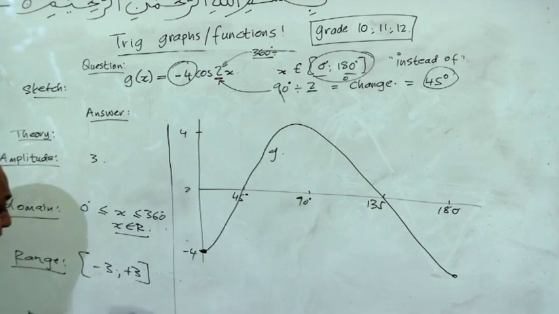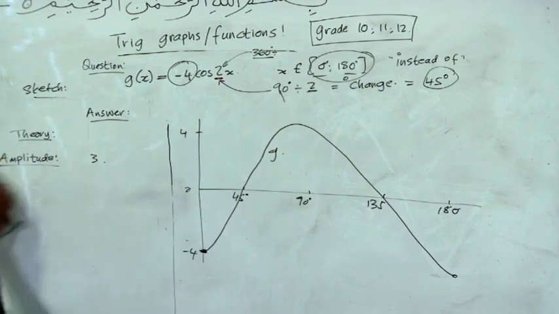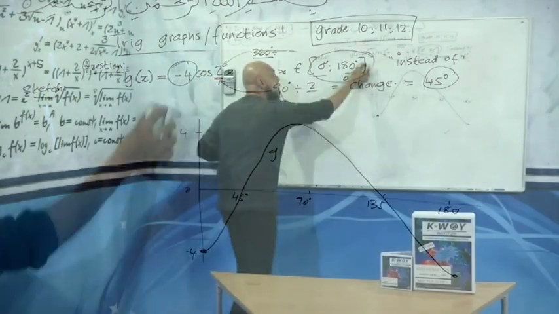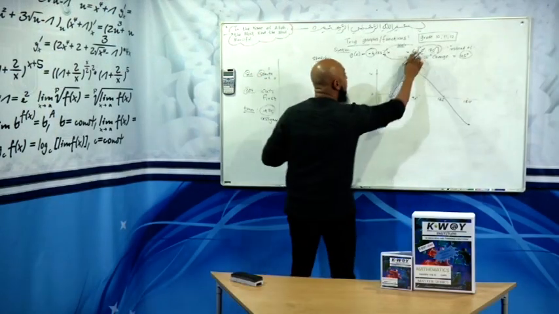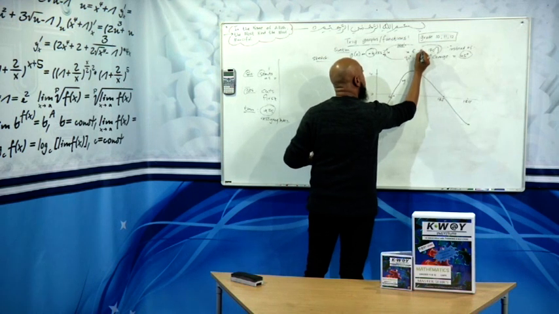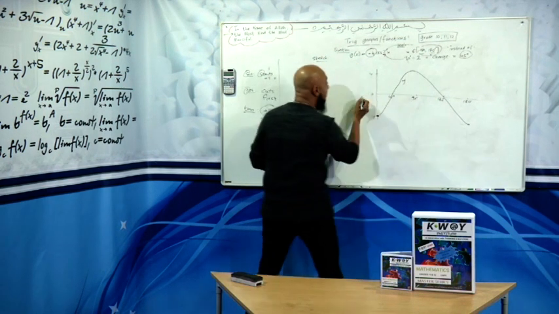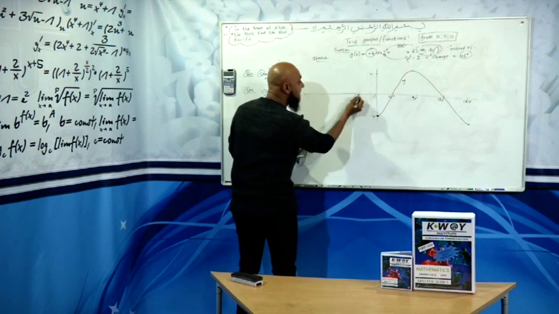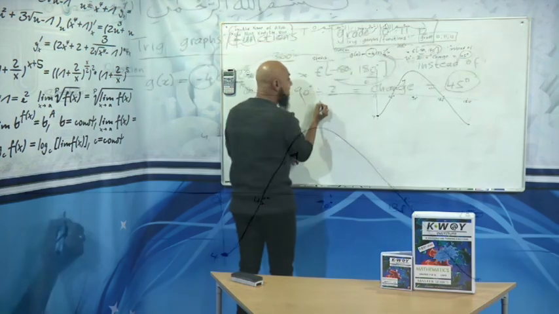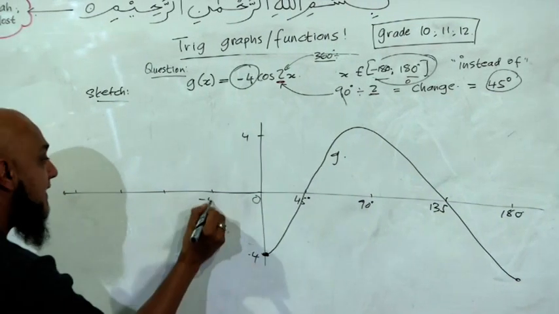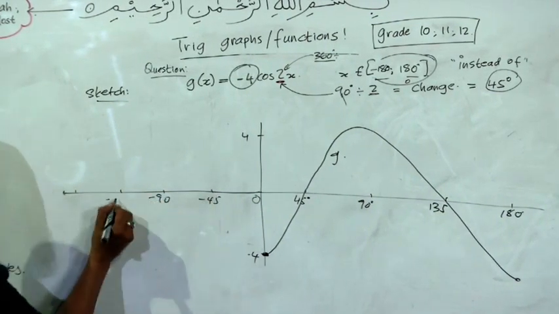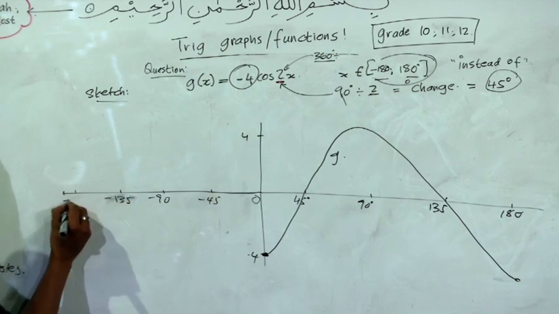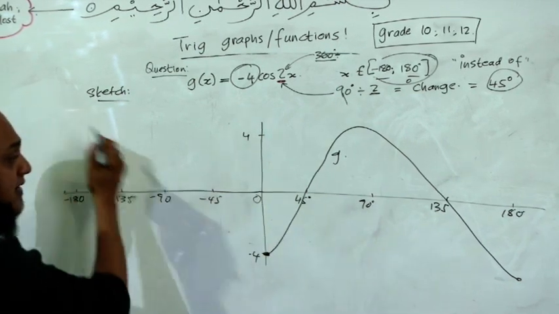Just to wrap this up before the break, if they told you that this had to go from minus 180 to positive 180, all you do, remembering that's 0, is continue the pool on this side: minus 45, minus 90, minus 135, minus 180, and you just continue the pattern on the other side.